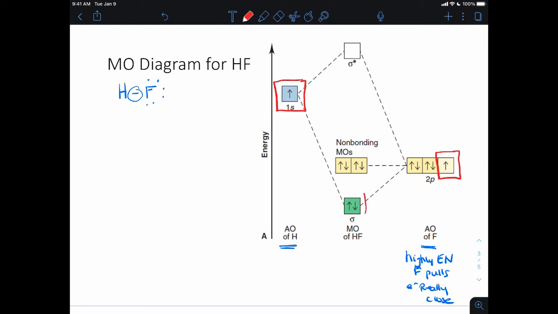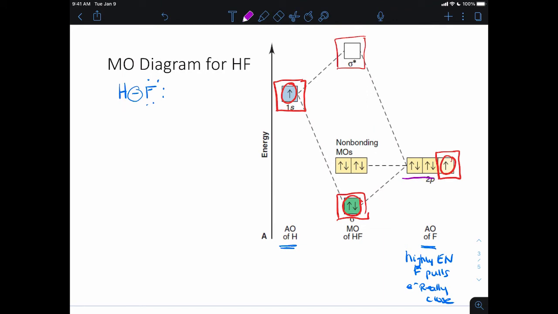These two get combined to make my new molecular orbitals, a sigma and a sigma star. Notice we don't say sigma s or sigma p because it's a mix of s and p, but it is a bonding and an anti-bonding. Then the electron from hydrogen and the electron from fluorine can hang out in that lower energy bonding molecular orbital.